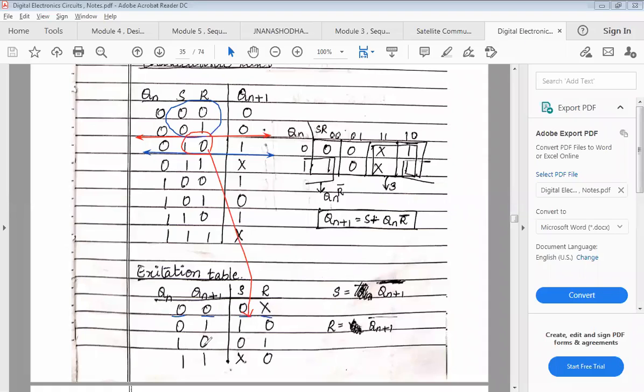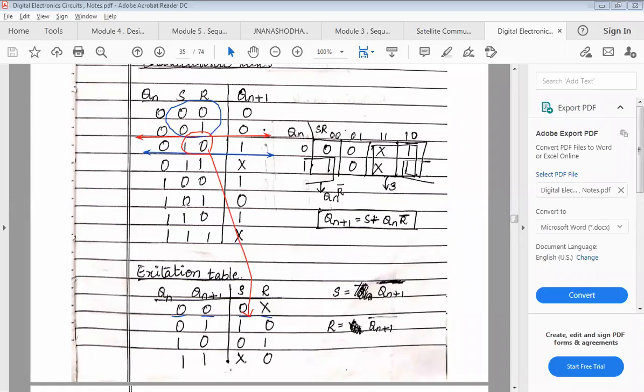Now look for 1, 0. Okay. Your Qn should be 1 and here it should be 0. So I have only one such combination. Right. So 1, 0.